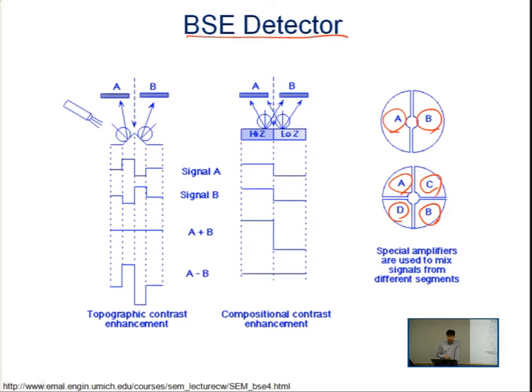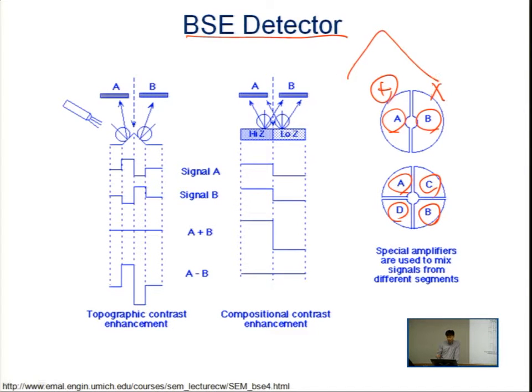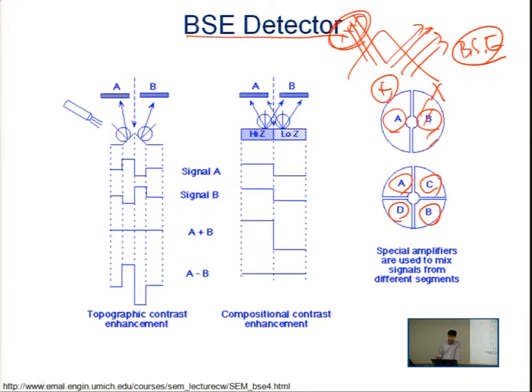You can turn on this detector and turn off that one, so you only collect the backscattered electrons coming from this side, and the other side is not collected because you turned off that side of the detector.